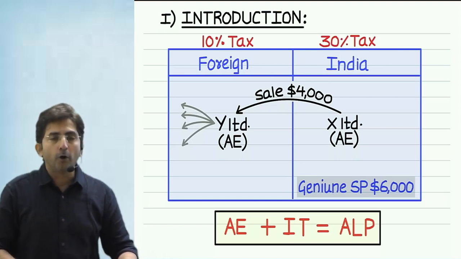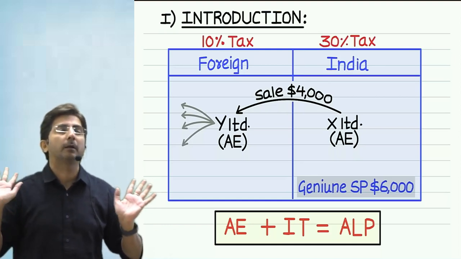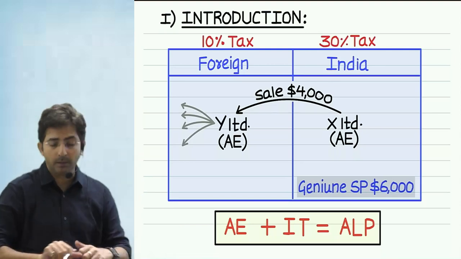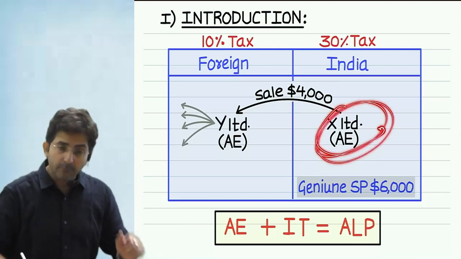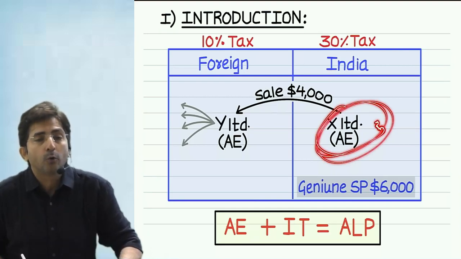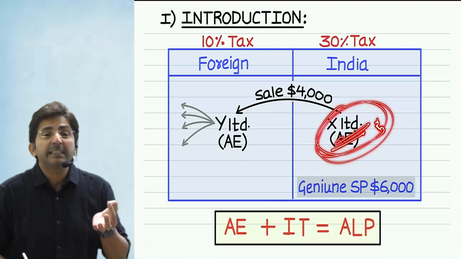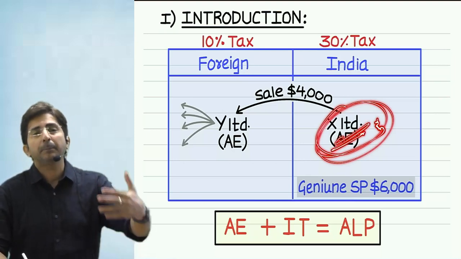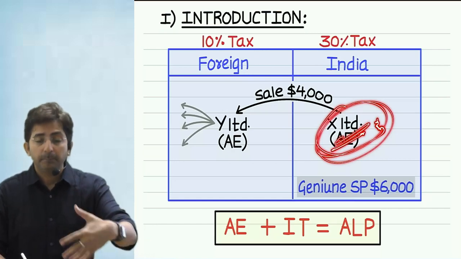In short, the point was, who has to compute ALP? It is the duty of the assessee only. In my example, X Limited will have to compute ALP, but usually X Limited would not know. So it will appoint a CA firm, especially the Big Four: Deloitte, KPMG, EY, PwC.